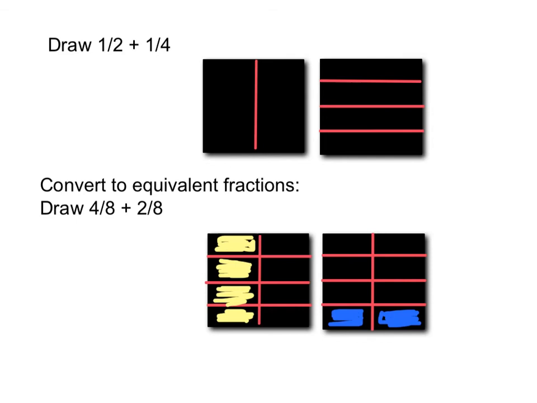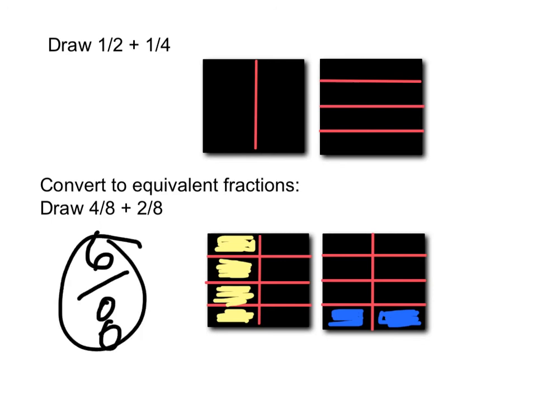And now you see that you have your fraction of 4/8 plus 2/8, and when you get that answer and add it together, now you know 1/2 plus 1/4, or 4/8 plus 2/8 equals 6/8. Correct? Be sure to circle your answer and move on.